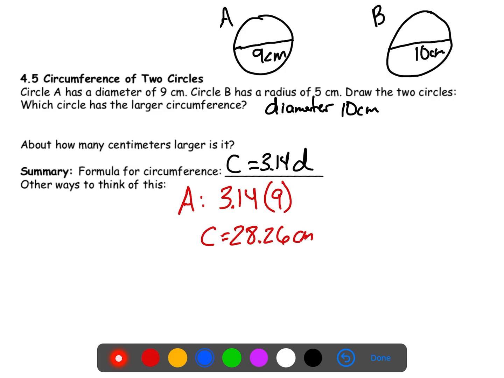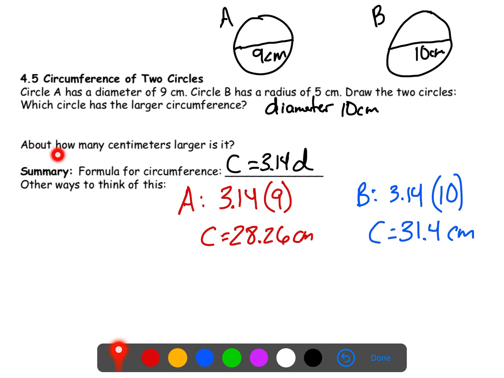For circle B, we take 3.14 times a different diameter of 10 centimeters. Easy math here. 3.14 times 10 is going to be 31.4 centimeters.